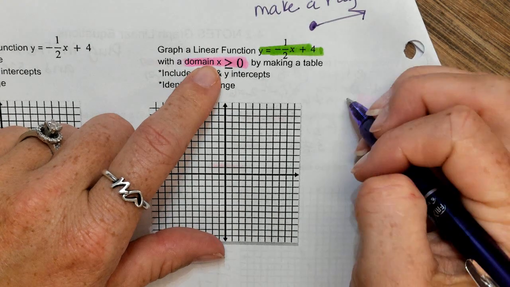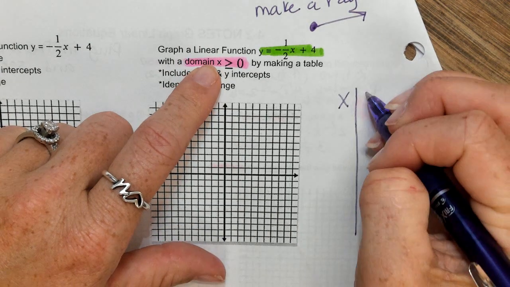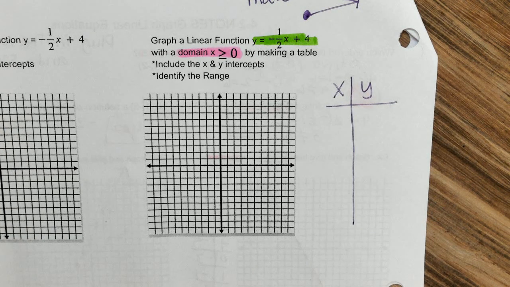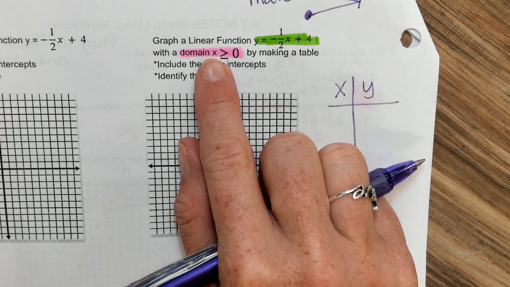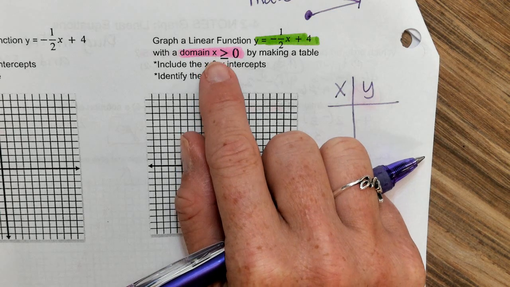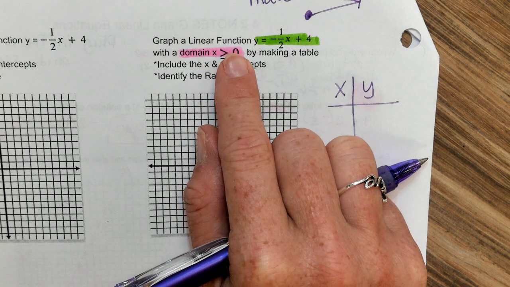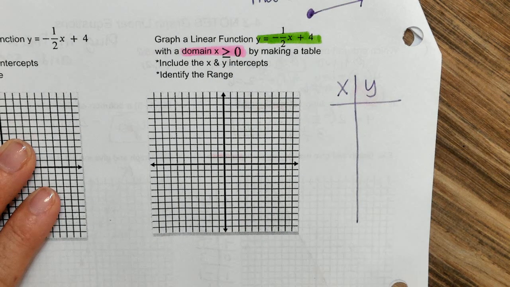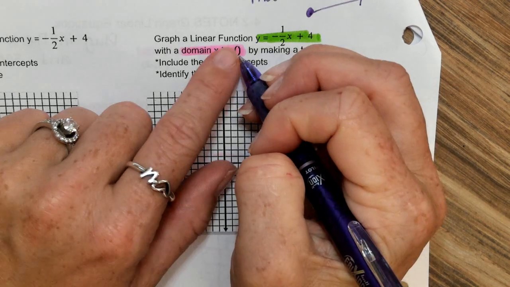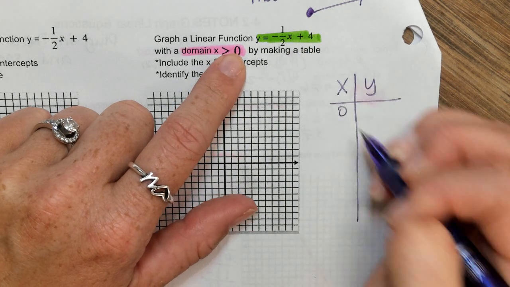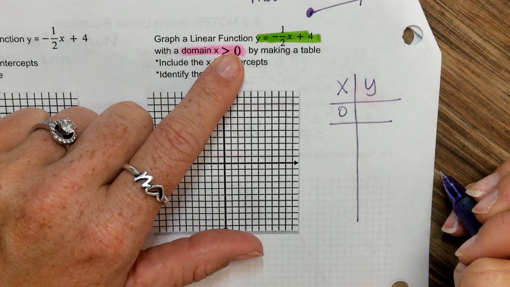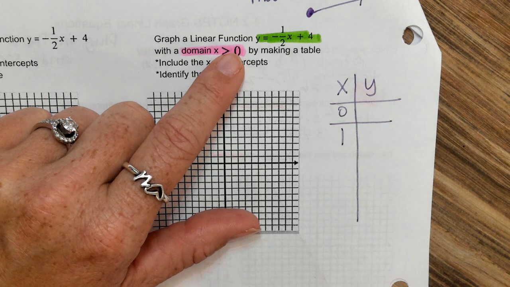You're going to make a table. Your domain can be anything greater than or equal to 0. That means that's where you start. I don't get to pick what goes here. I can only put 0. What else could I put? 1. Could I have put -1?